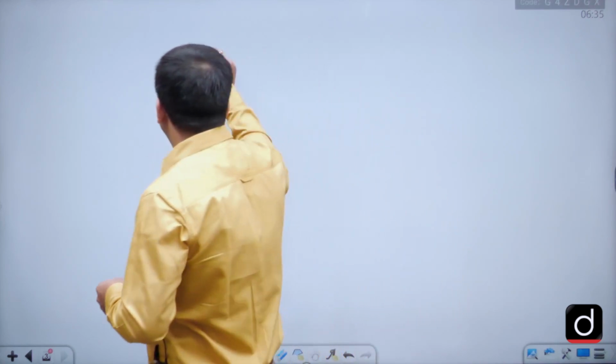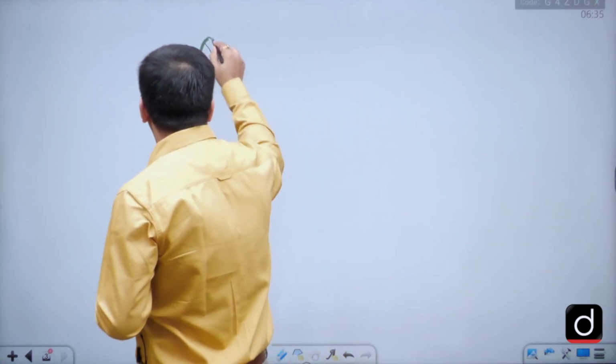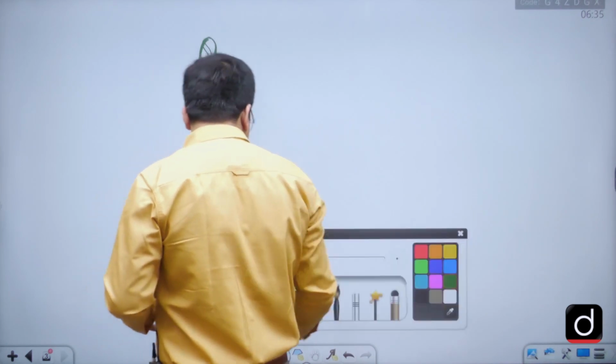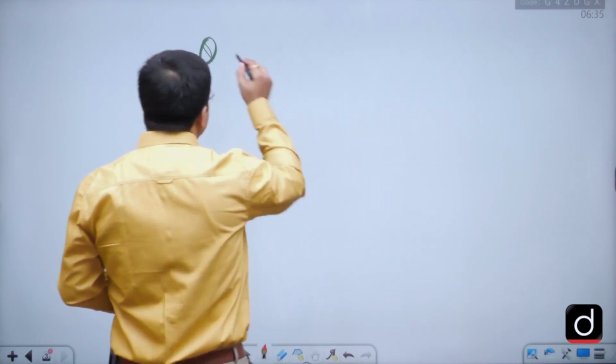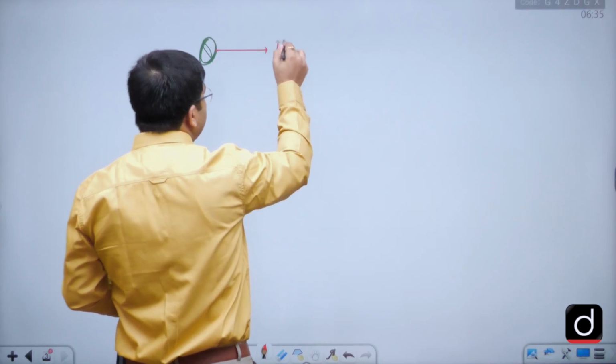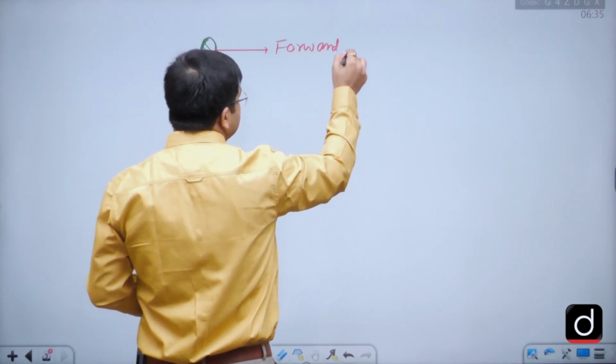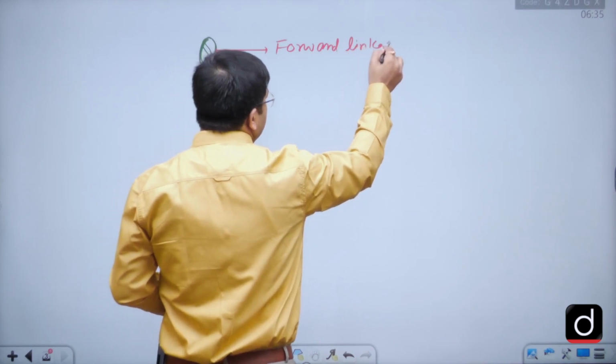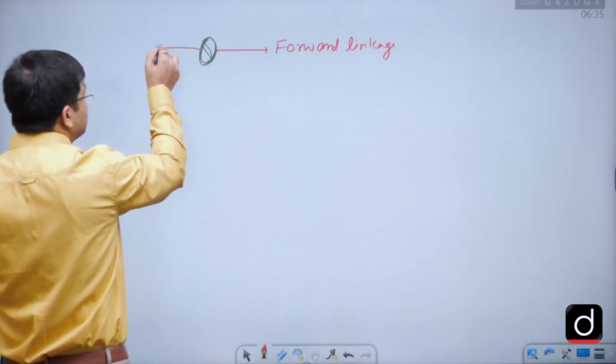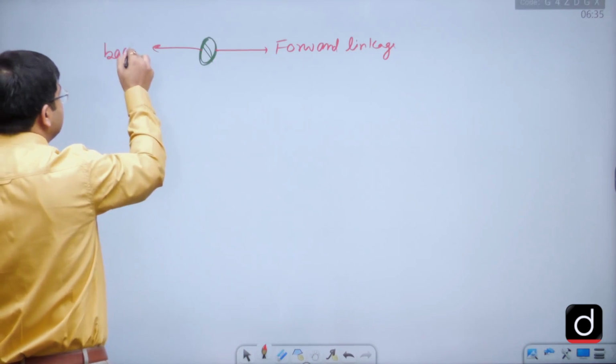for any given question, suppose this is the question, any question, right? Then there would be some kind of forward linkage and something that is called backward linkage.